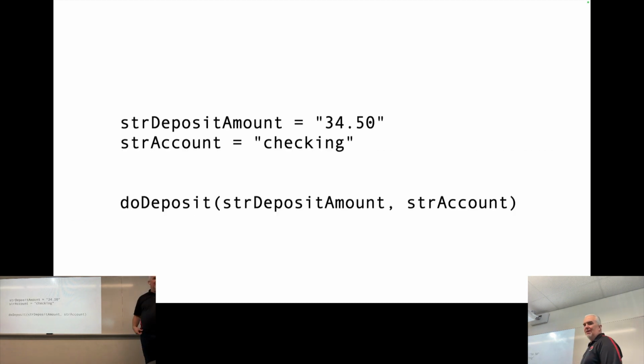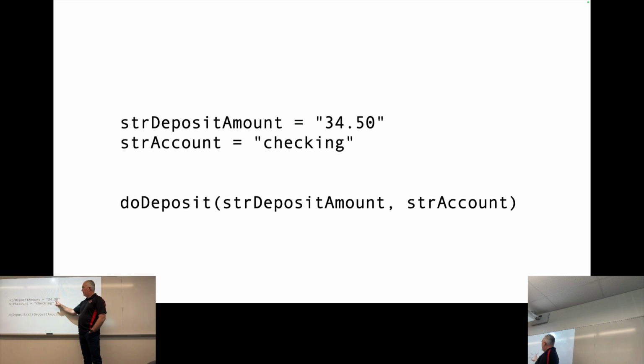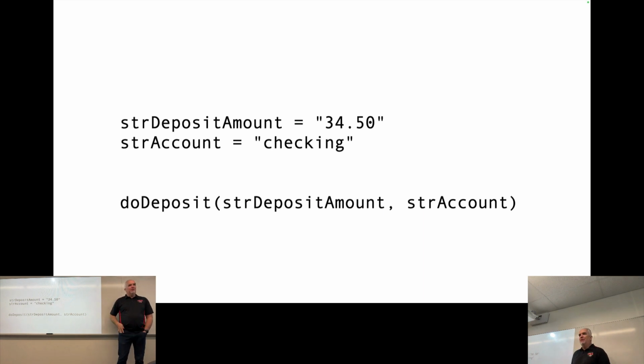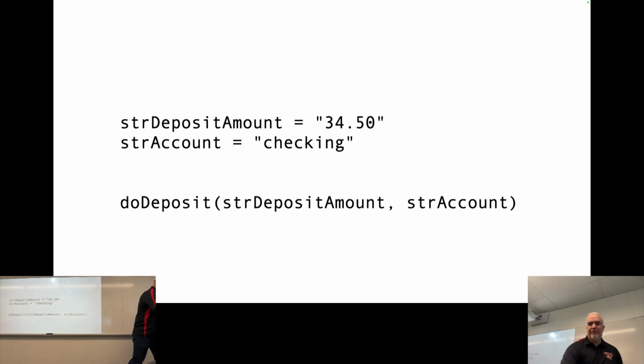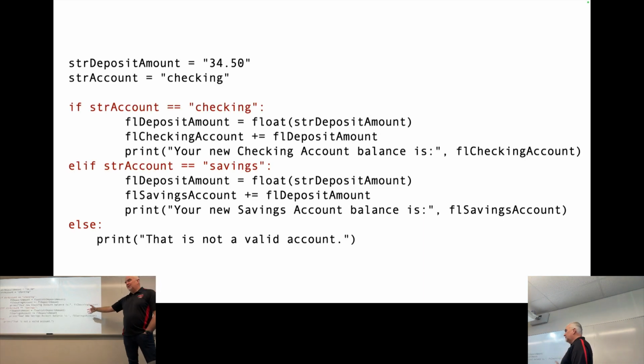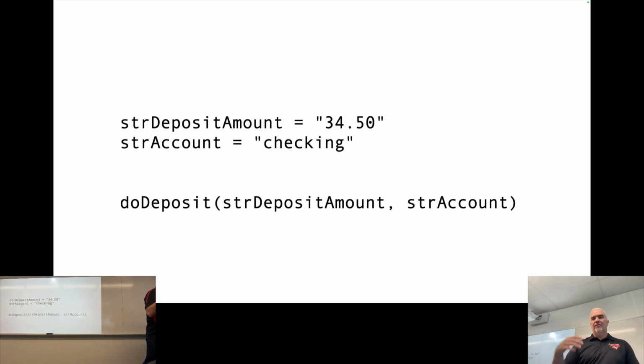But what if we could, instead of all of that, in our main program, just say, let's get the deposit amount and the account, and then we're just going to send those to a function called doDeposit that takes the deposit amount and the account as arguments, and then all of that stuff that was in this block of code is just done for us.